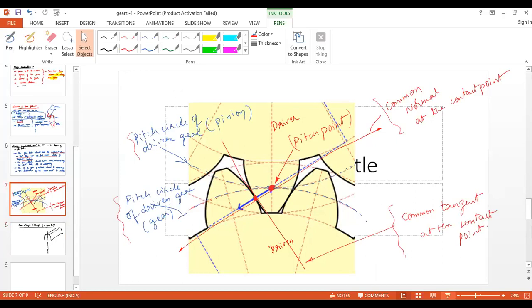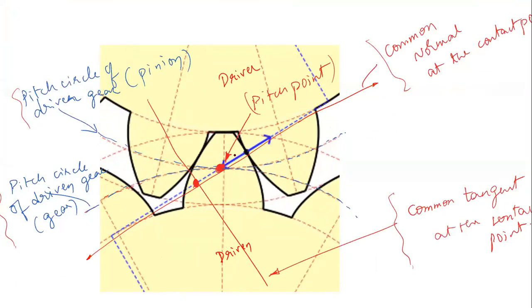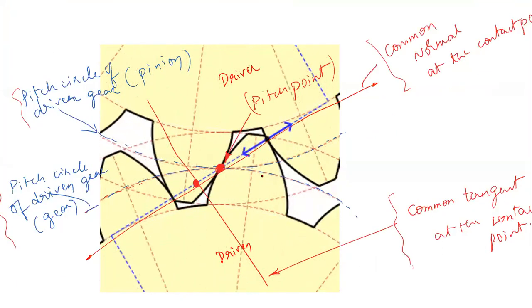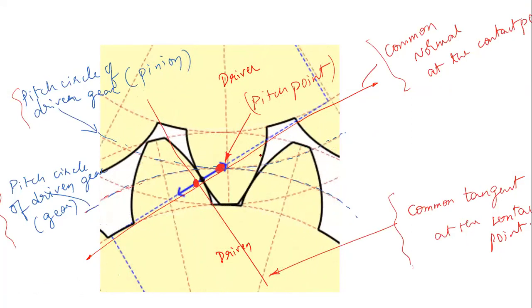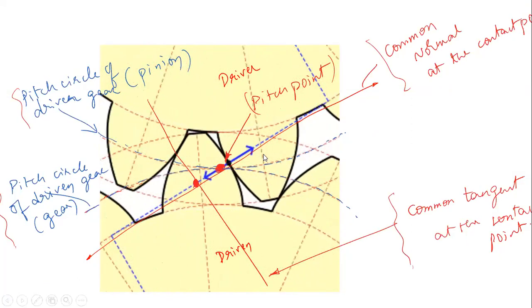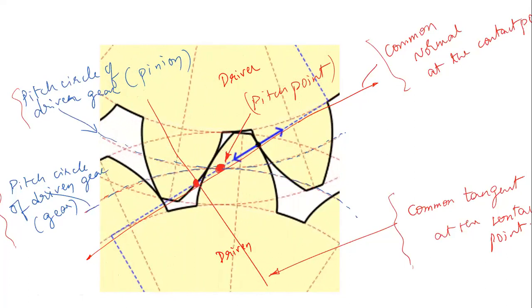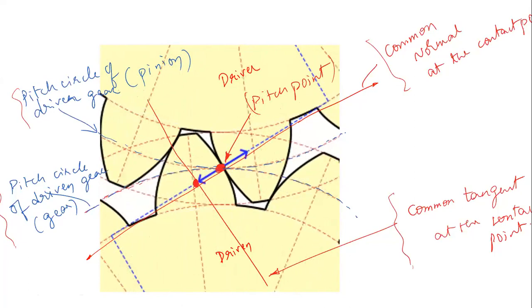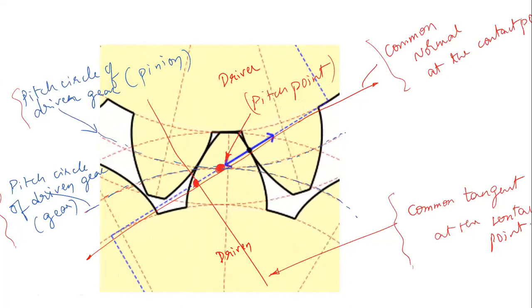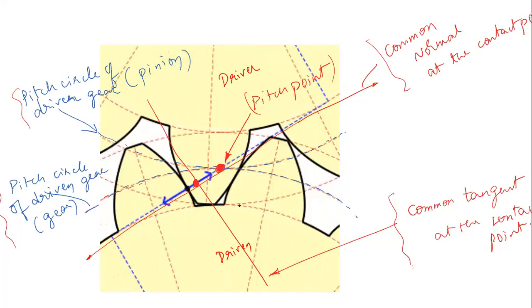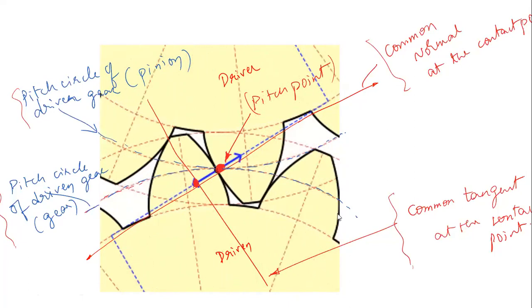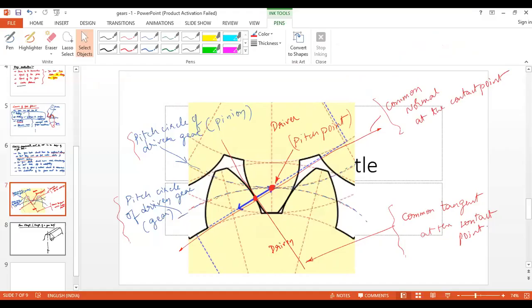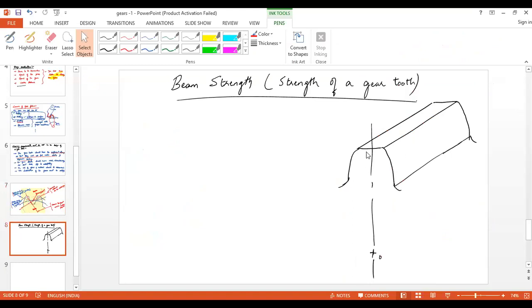In this, more than one tooth will be engaged at the same time, but there are some instances where only one gear tooth will transfer the complete load on the driven gear tooth. So we will consider only one gear tooth to transmit the power.